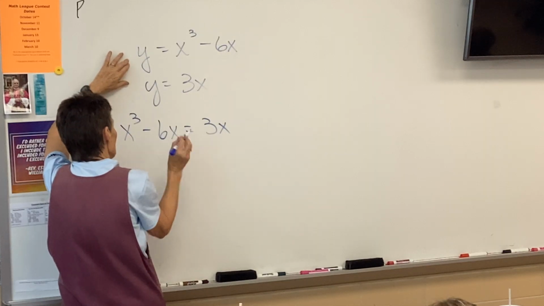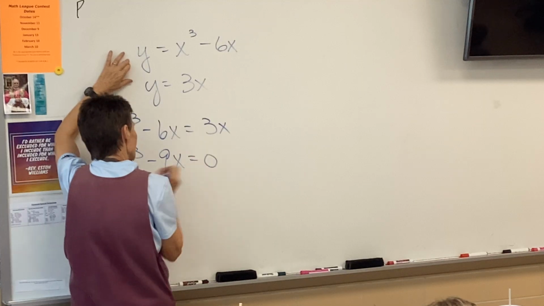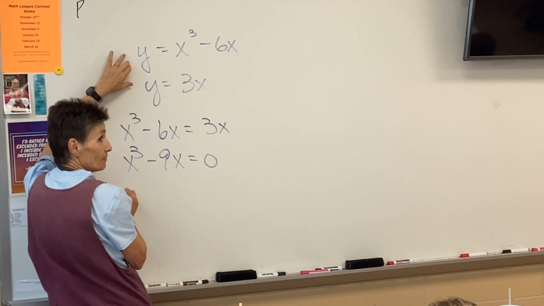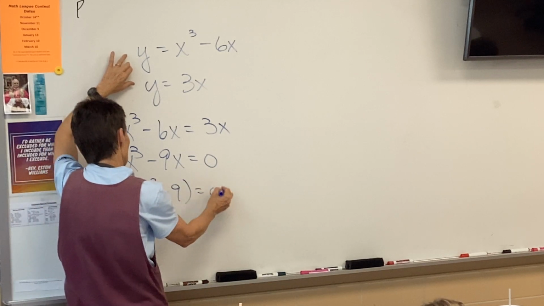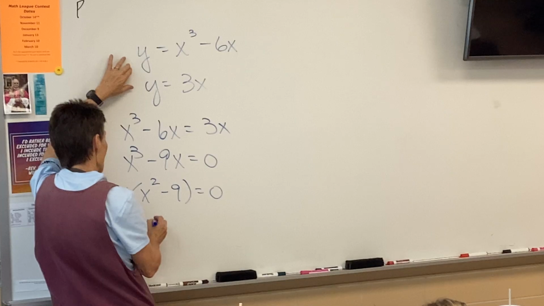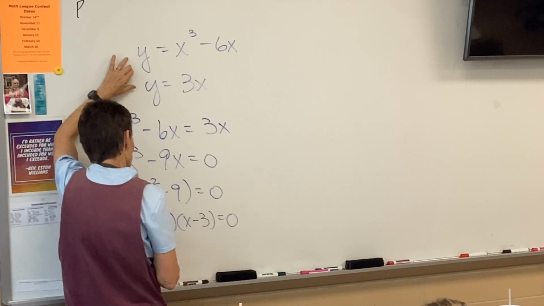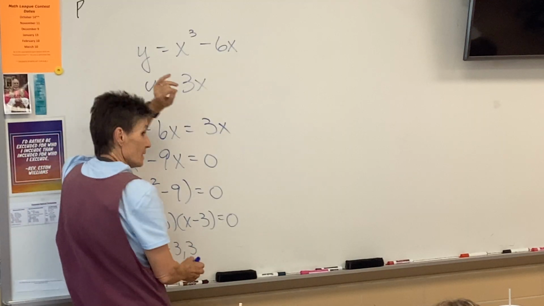So then we'll get it equal to 0. And then we'll factor and factor some more. And it looks like 0, negative 3, and 3.